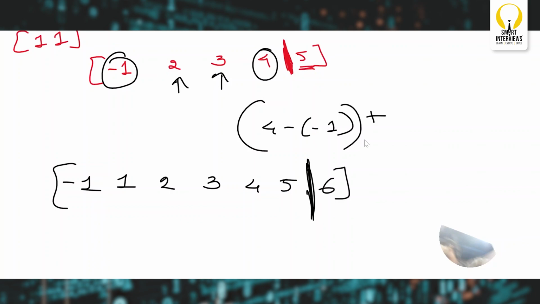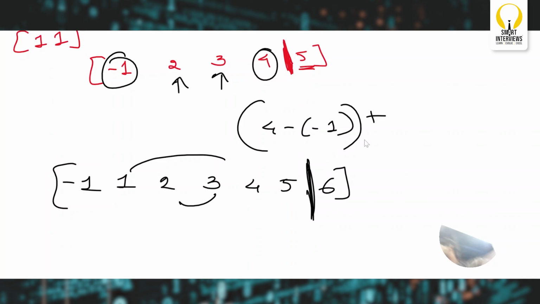On top of it, some value will get added. What values will get added? Basically, 4 minus of -1 plus, in the next step, aren't we doing 3 minus 2? Yes, we are doing 3 minus 2.